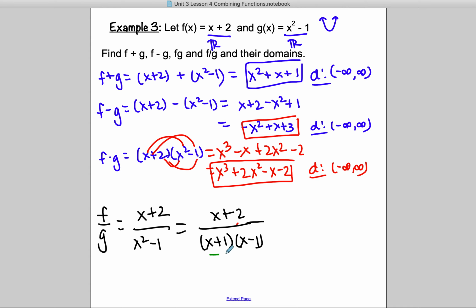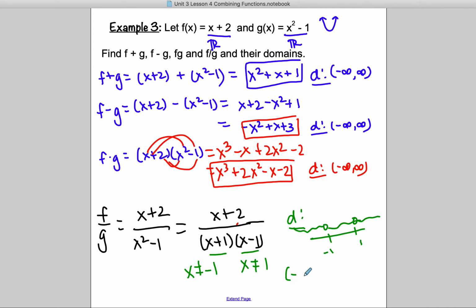The only thing I have to be worried about now that I have a denominator is what two numbers x cannot equal. If I set this equal to 0, x cannot equal negative 1, and x cannot equal 1. So our domain is all real numbers except for those two. Okay. So how would I put that in interval notation? I want every single number except for negative 1 and 1.